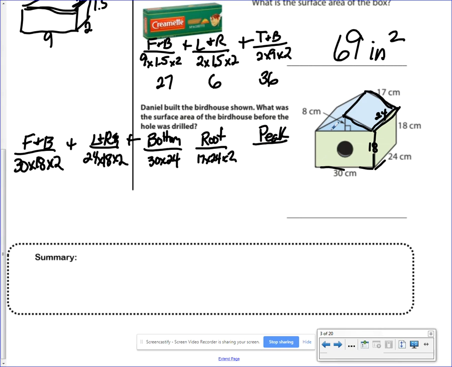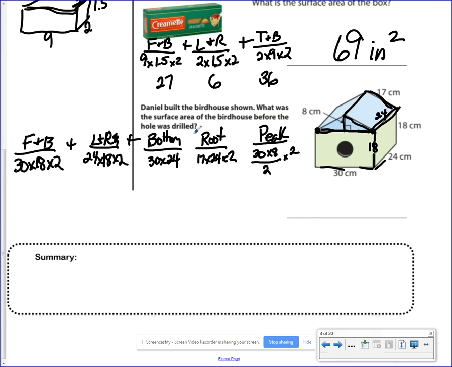So here's what happens. This is a triangle, so we have to do base times height and then take half of it. This is 30, the base. The height is 8. We have to divide that by 2, because that's what a triangle is. But then we have a front and a back, so we have to multiply by 2. So really, these 2 are going to kind of wipe each other out.